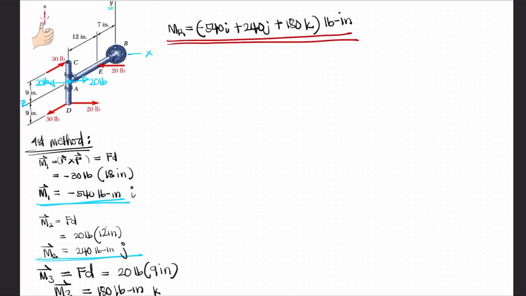So instead of this system of three couples, it is reduced into a single couple with components along the x, y, and z axes. So that is solved.